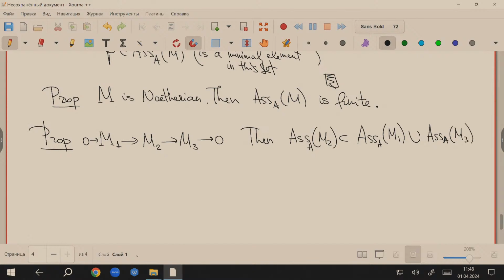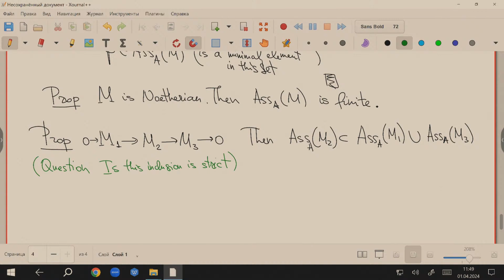Yeah, and the question: is this inclusion strict? I mean, can we put equality here or not?